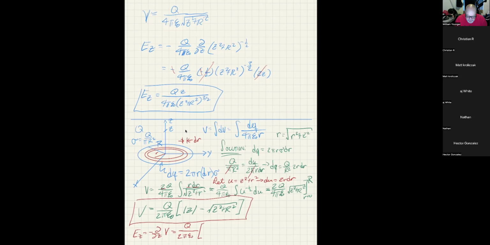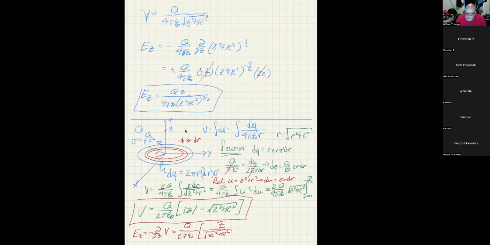So if I take the derivative of z squared plus r squared to the square root power, then basically I'm going to get a negative, because there's a negative in front of the square root. I'm going to get a negative times 1/2, and then I've got to subtract 1 from 1/2, so it becomes negative 1/2. So it'll be minus 1 over z squared plus r squared to the 1/2. And then I've got to take the derivative of the inside, and that 2 will cancel out the 2 that I got from the 1/2 when I took the derivative.